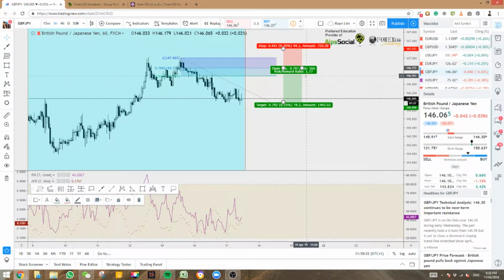Look at my reward to risk ratio now. Just by waiting for another level, just a bit higher, I earn $1 more for every $1 I risk. It will bring it to $1.70 over cents. Can you see that? So to me, this is very, very important.